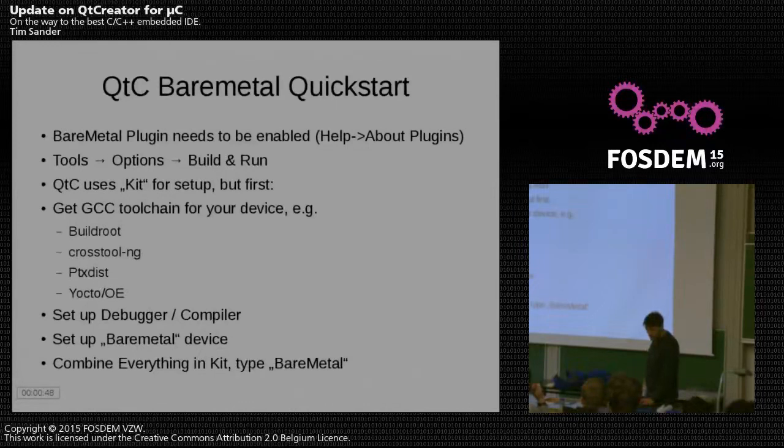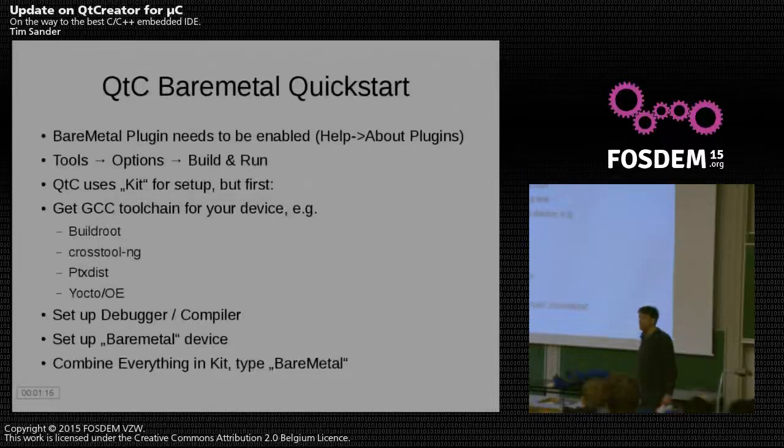I talked about these kits before, and you need to get a tool chain for your device, so you can either use a tool chain available, like the embedded GCC tool chain on Launchpad. It's, for example, an ARM tool chain, but any GCC-based tool chain will do.